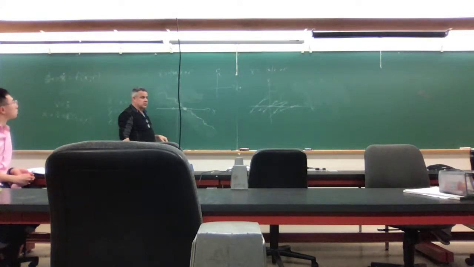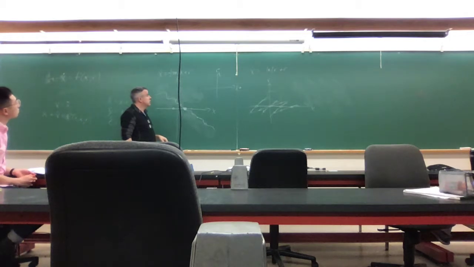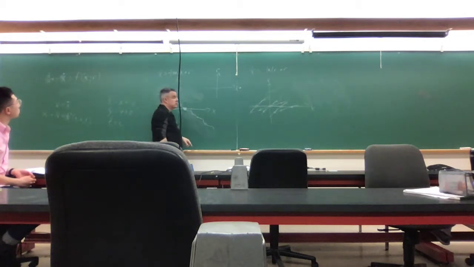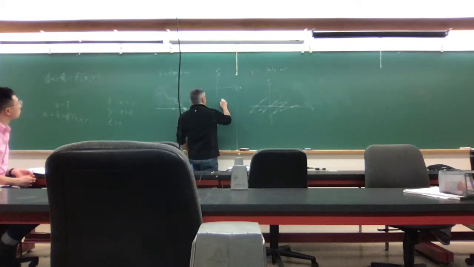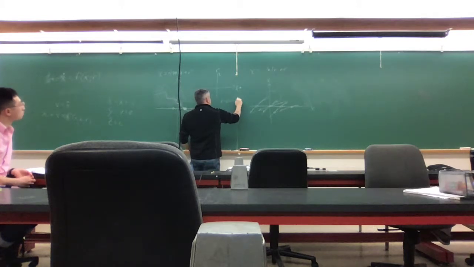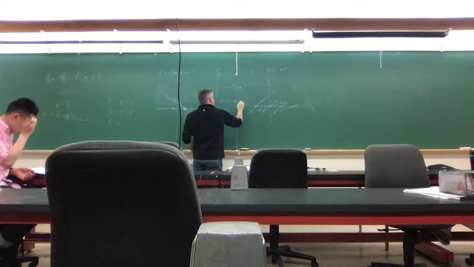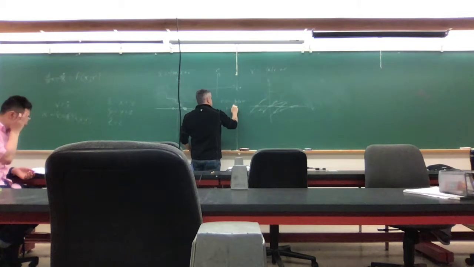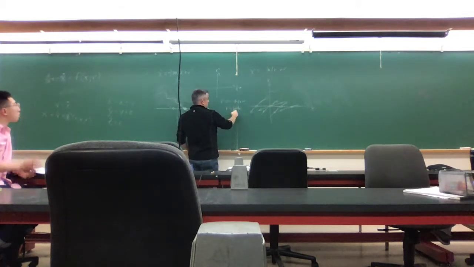How do I find that? Well, the steady state is when x dot is 0. So I could just say if x dot equals 0, which equals minus mx plus r, that means that r equals mx.